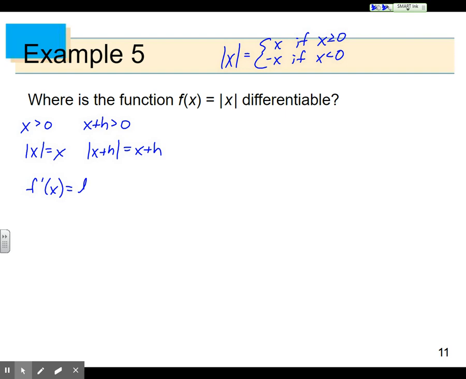My derivative is going to be the limit as h approaches 0 of the absolute value of x plus h minus the absolute value of x all over h. Well, from what I just stated up here, the absolute value of x plus h is just going to take on this value, x plus h, because we're doing the top piece right now.